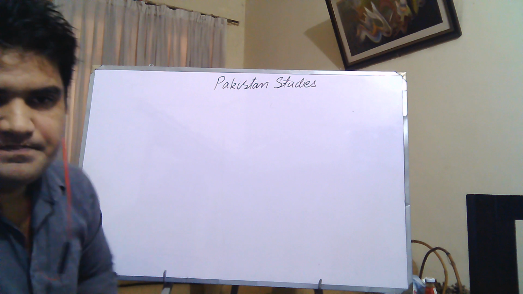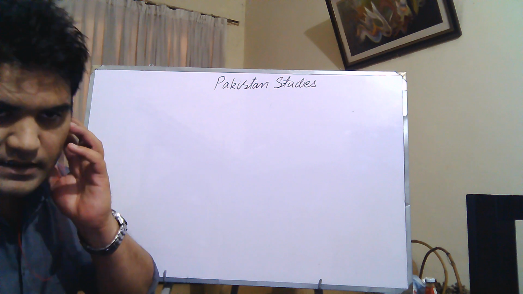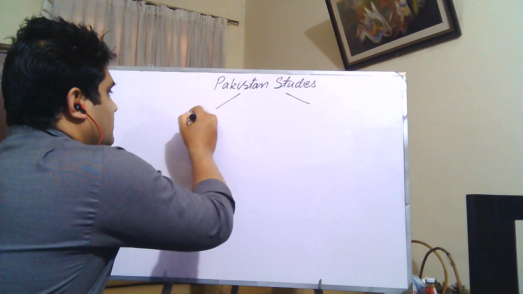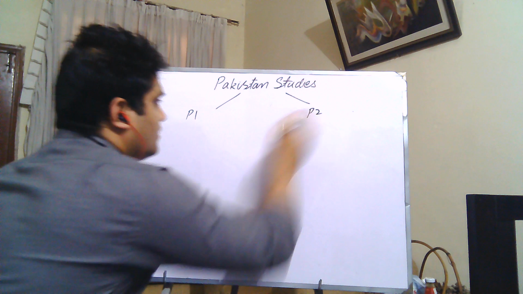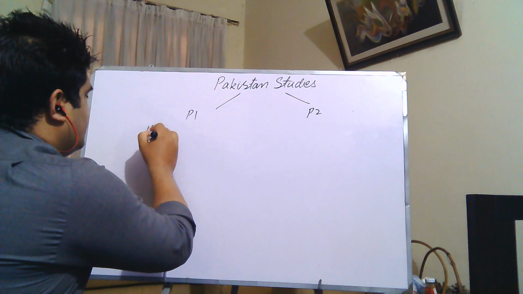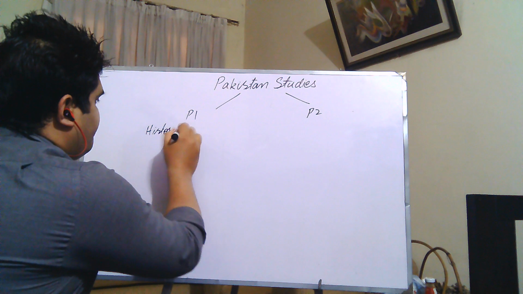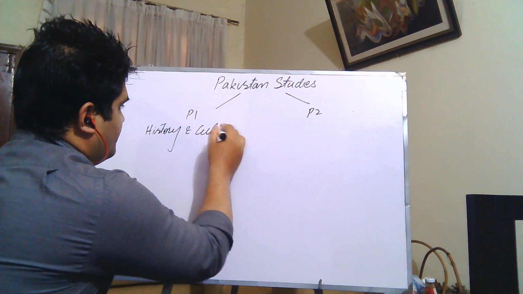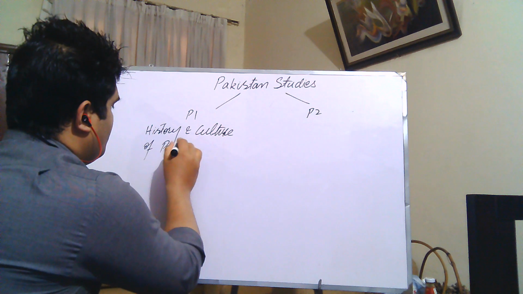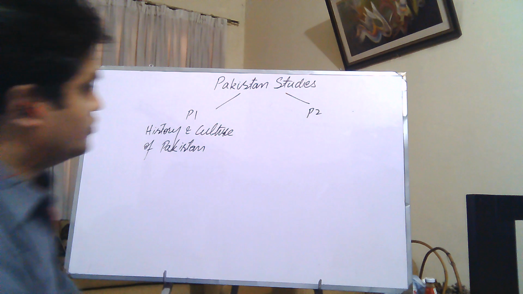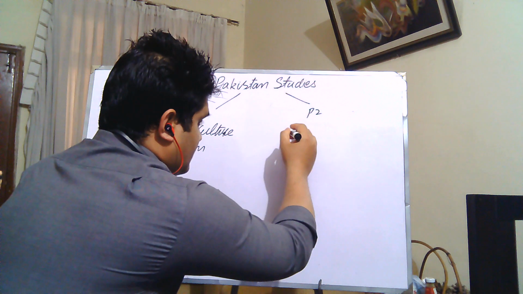So let's start. Pakistan Studies has actually two components. One is paper one, which is known as History and Culture of Pakistan. And paper two is Environment of Pakistan.